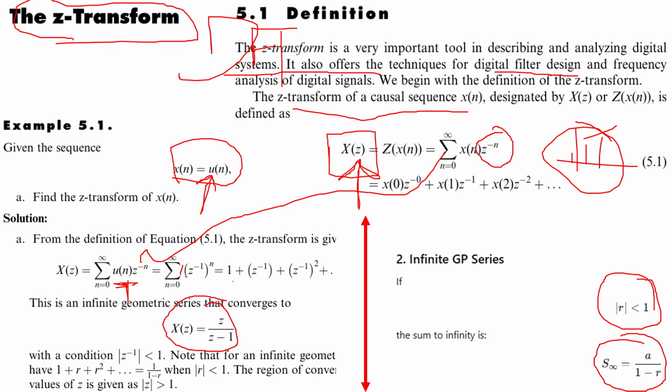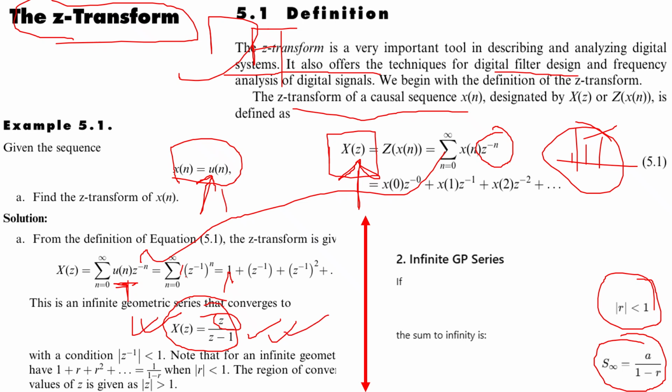Here a is your first term, that is 1, and r is equal to z inverse. So you will get X of z equal to z divided by z minus 1. This is the final value of X of z, that is the Z transform of u of n.